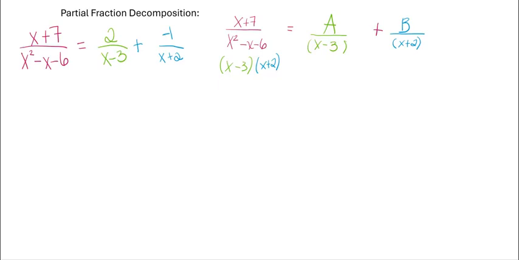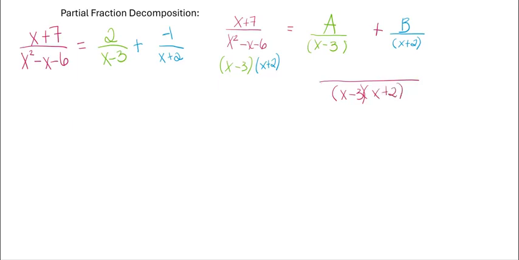In this case the least common denominator is x squared minus x minus 6, but it's easier to think of it in terms of the linear factors. In other words, I want to rewrite A plus B as a single unit with the denominator of x minus 3 times x plus 2.